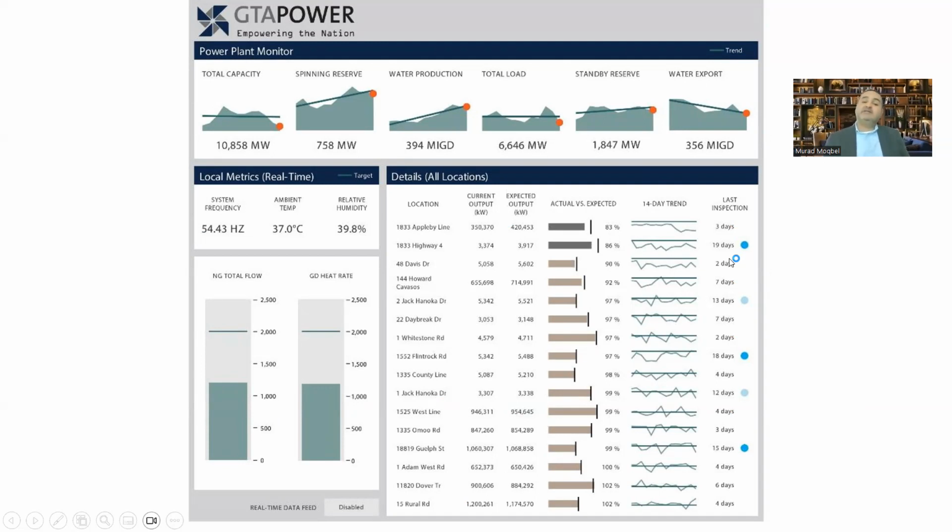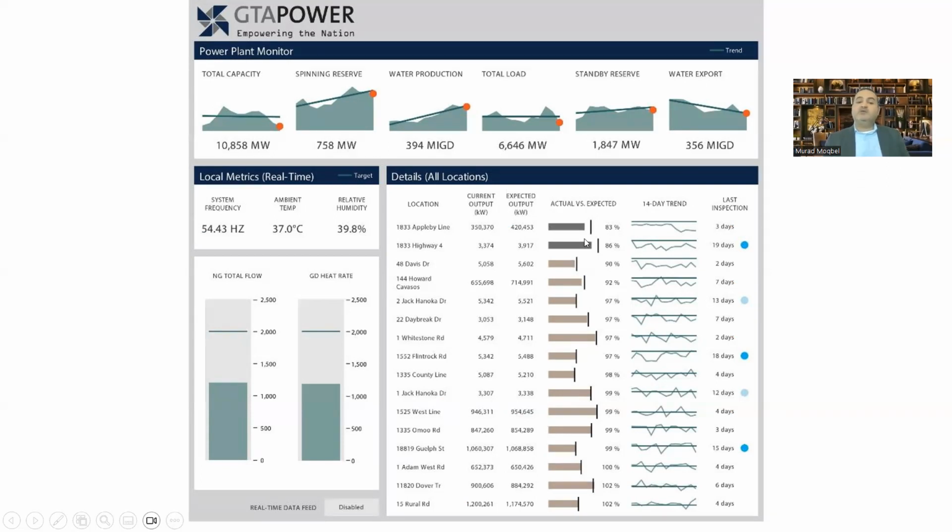So this chart is about power plants. We have different power plants, and we have a bar representing their output in kilowatts, and also what was their target, in a target line, right?